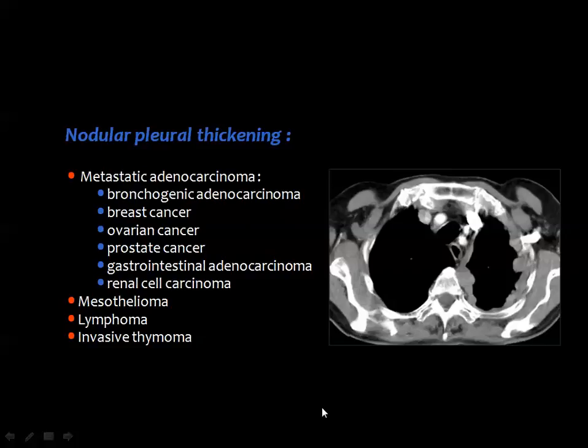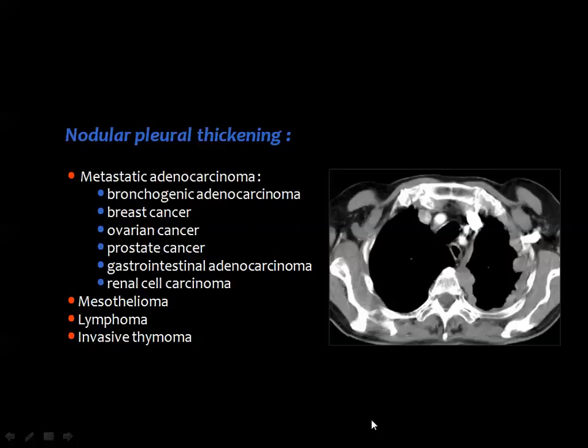Primary malignancies that may produce metastatic disease to the pleura, of course, include bronchogenic carcinoma, breast cancer, ovarian and prostatic cancer, gastrointestinal adenocarcinoma, as well as renal cell carcinoma.